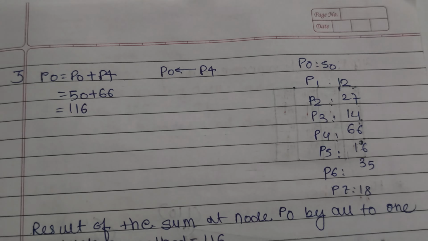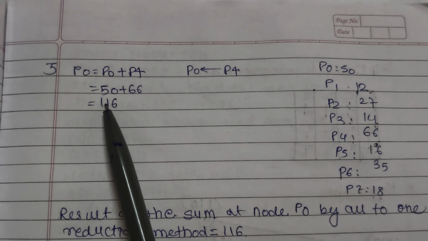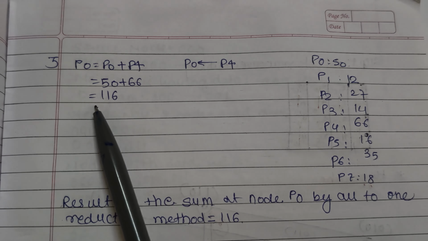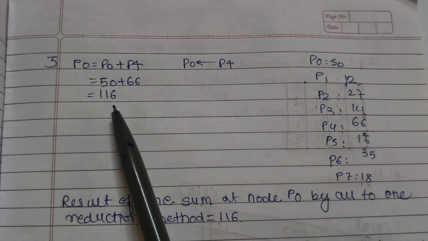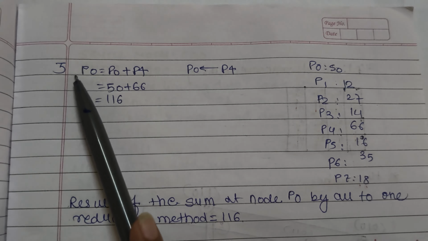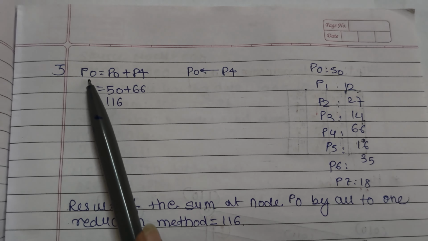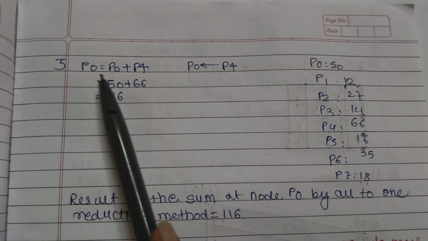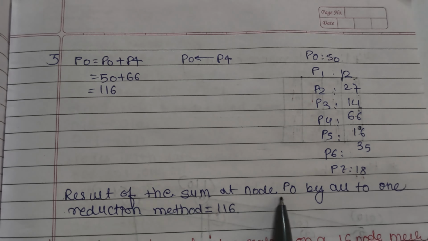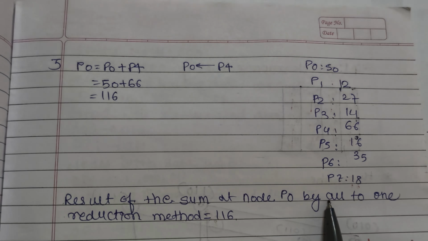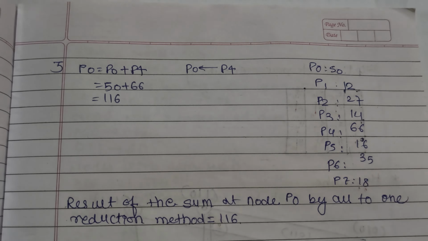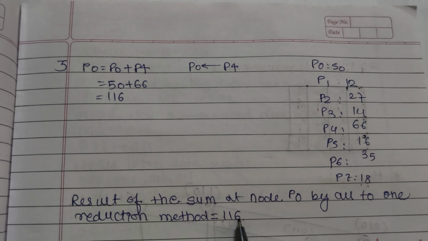The addition of this is 116, which is the combined sum of all the nodes. So P0 is the processor or node which is storing the result of the sum, and by the all-to-one reduction method we get the value 116 at node P0.